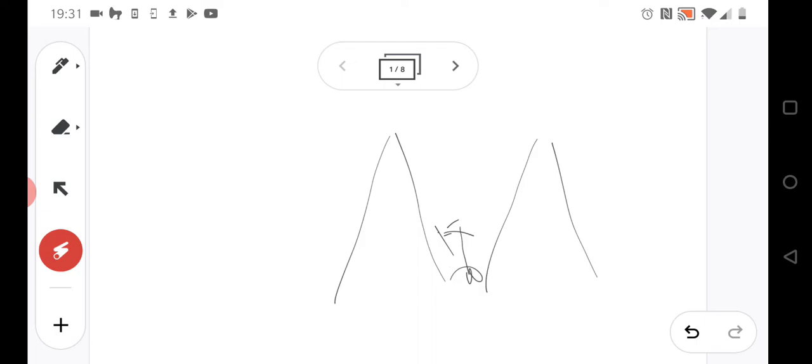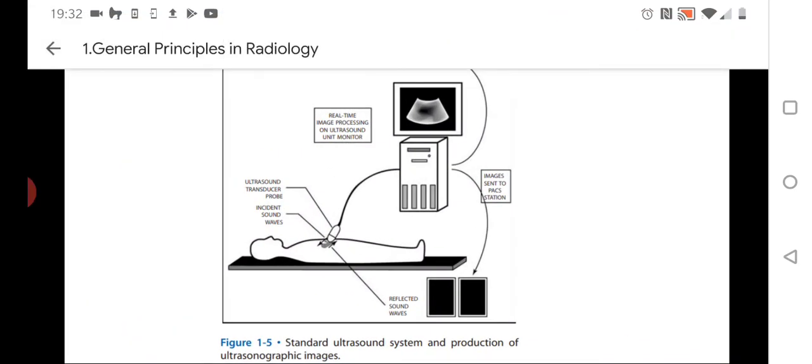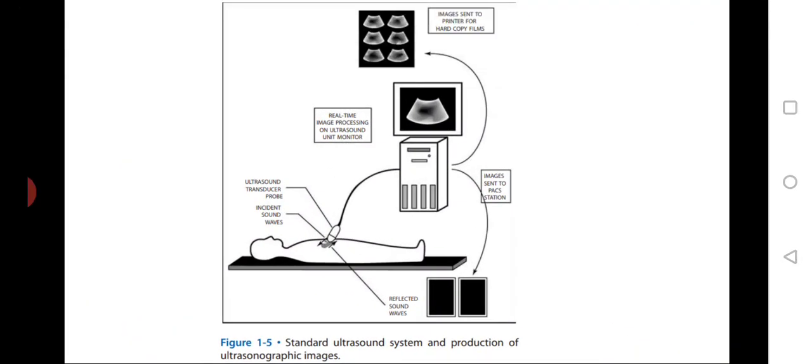If you know what is the echolocation in bats, on sonars in warships, for example, this is the same idea. So, why am I talking about this? Because the ultrasonography works on this principle.